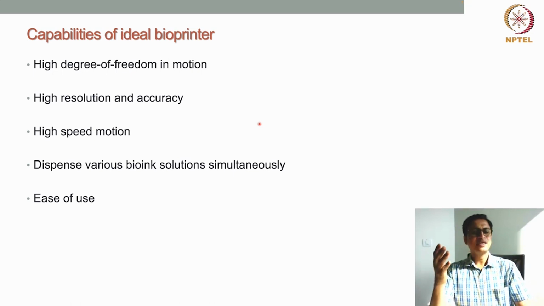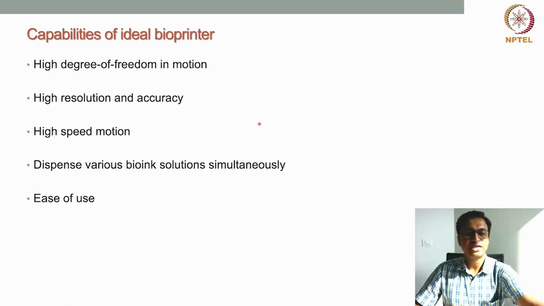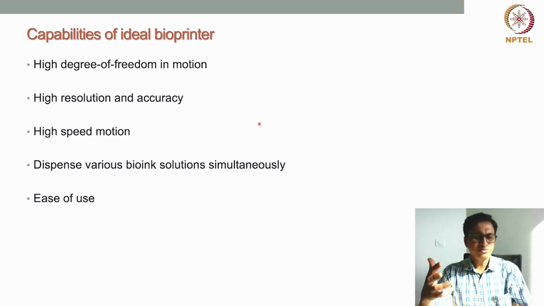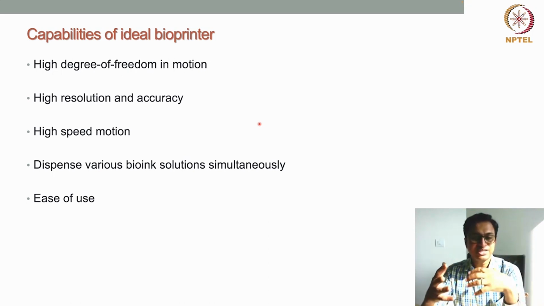The other thing is the printer should be able to dispense various bioinks simultaneously. When I am trying to print tissue structures, they are multicellular, because all our tissues have more than one type of cell. It's a multicellular construct.